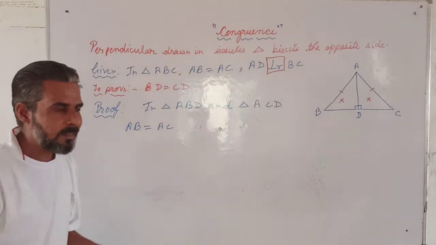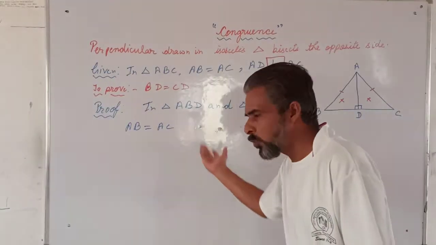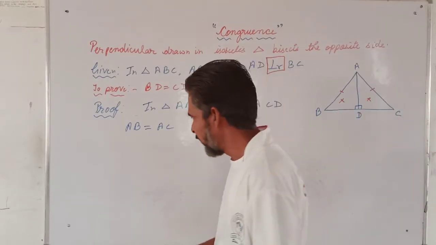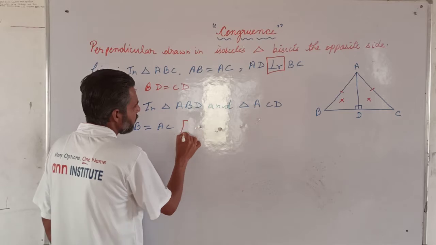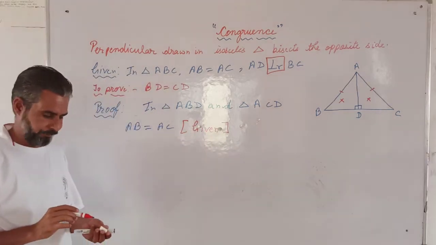Yesterday I told you that in congruence, if we are writing anything, like AB is equal to AC, then we are supposed to supply the reason for that, why we are writing this. So the reason is: this is given.